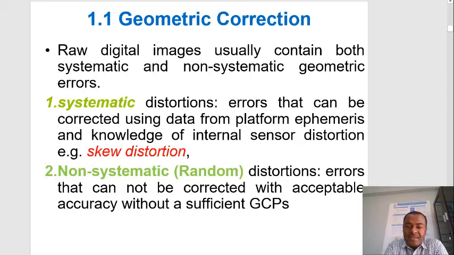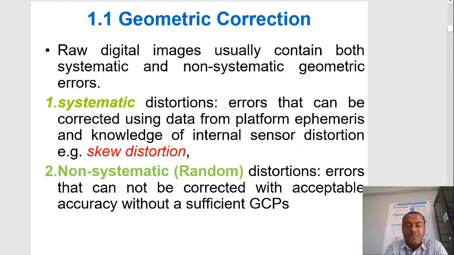Since the error is systematic, it can be modeled easily, it can be captured easily, so it can be corrected mathematically. So when you download the satellite data from data providers such as Landsat, you will be given metadata. That metadata contains how you can correct the systematic error.